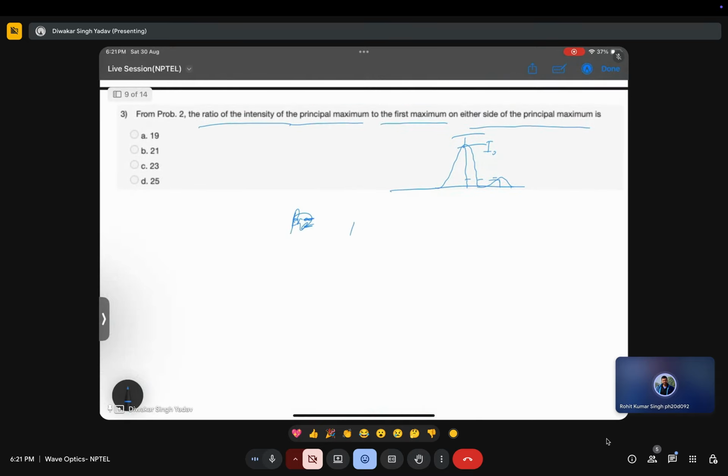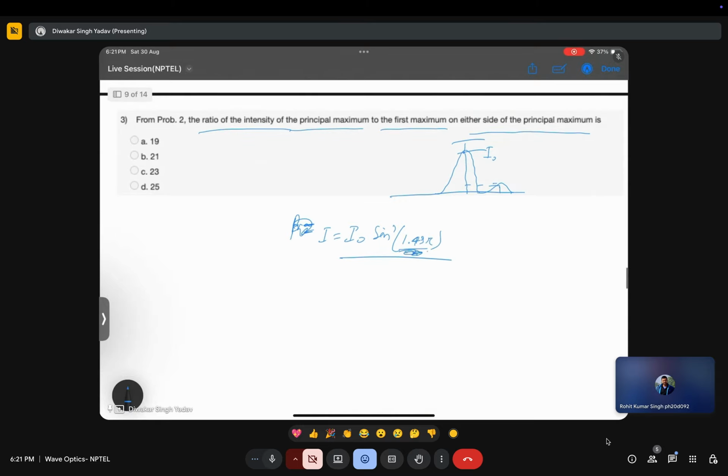So then the intensity I will be I naught sine square of 1.43 pi divided by 1.43 pi square.